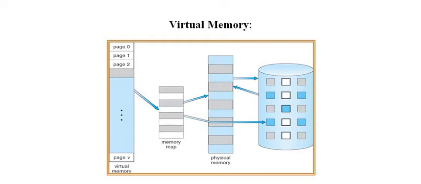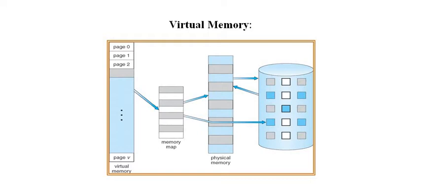One is we can write programs which are bigger than the main memory size, or we can call it physical memory size, and we can speed up the process and we can use the CPU in a better way. So let us understand that with this particular diagram.